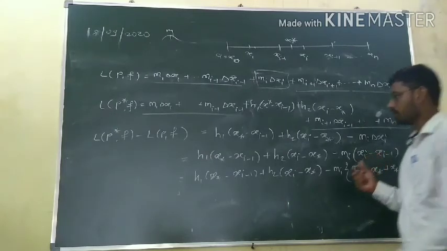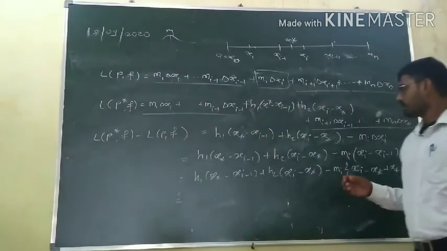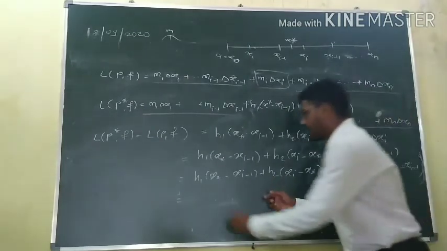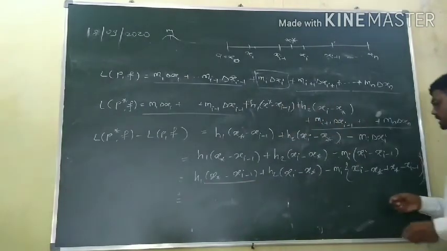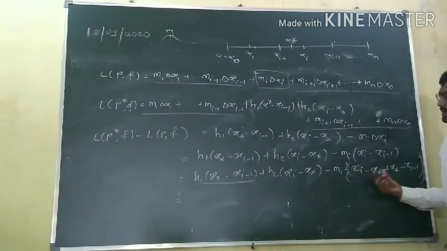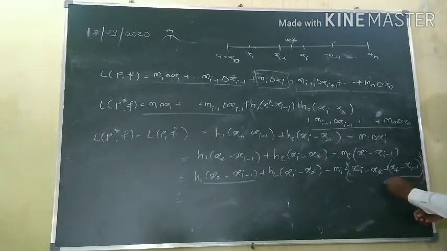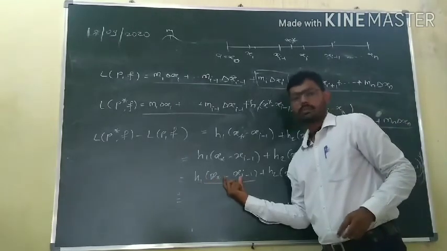Now take the common parts here: x star minus x i minus 1 here, and also x star minus x i minus 1 here. So m i is multiplied by this term and h1 is multiplied by this term. This term is common, so take it outside: x star minus x i minus 1 into h1 minus m i. Similarly, x i minus x star is multiplied with m i; again this term is common here.